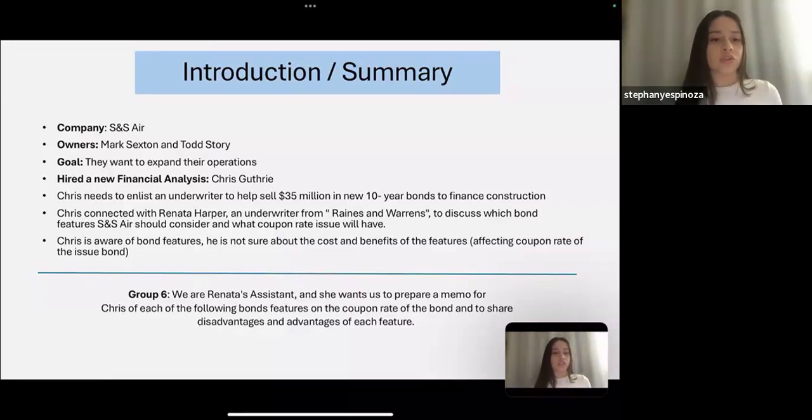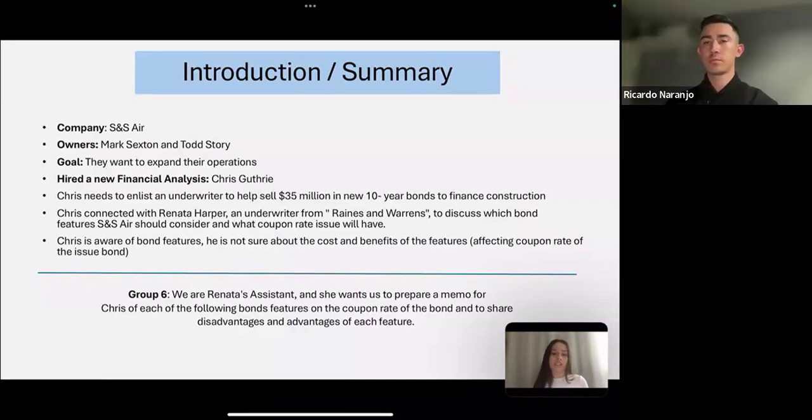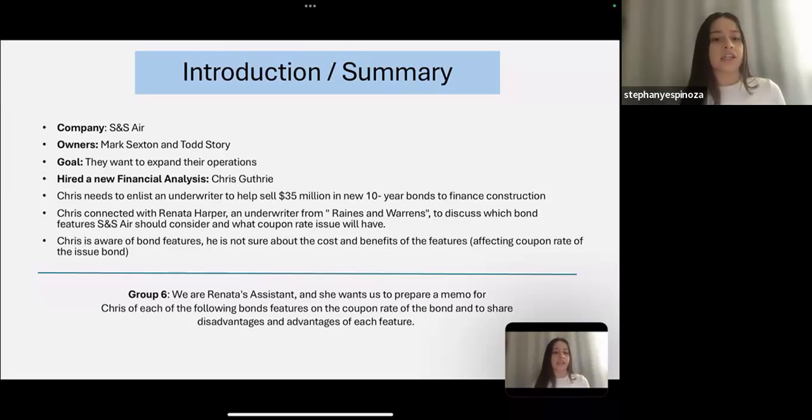He wants to connect with another financial analyst to get more information about the bonds and consider what coupon rate issues they would have. As Group 6, we will be the assistant and we will be giving him more information.